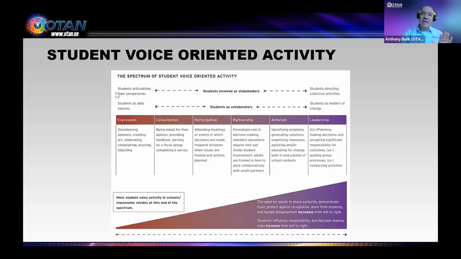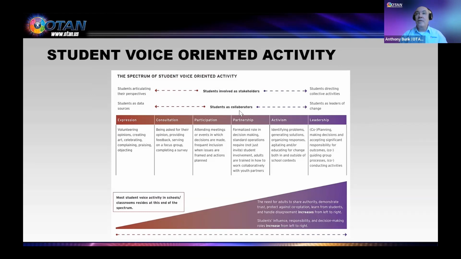If we're over on the left-hand side of the spectrum, students are articulating their perspectives. Versus if we move from left to right, we get closer on the right-hand side to students directing collective activities, right? So in a sense, it's the difference between passive and active. We are moving more towards activity on the right-hand side of the spectrum here.